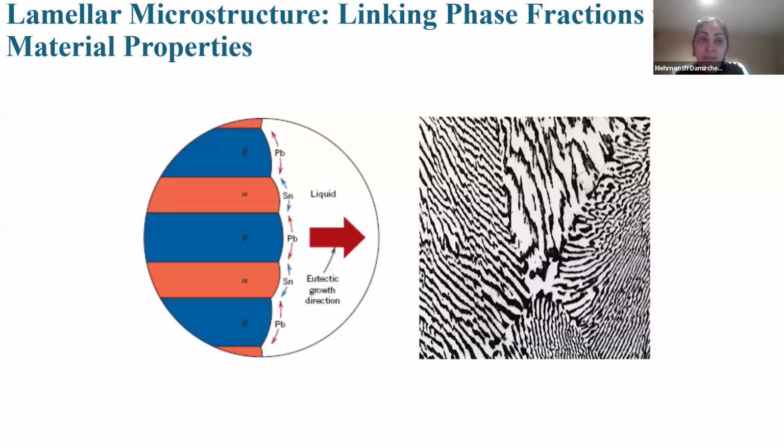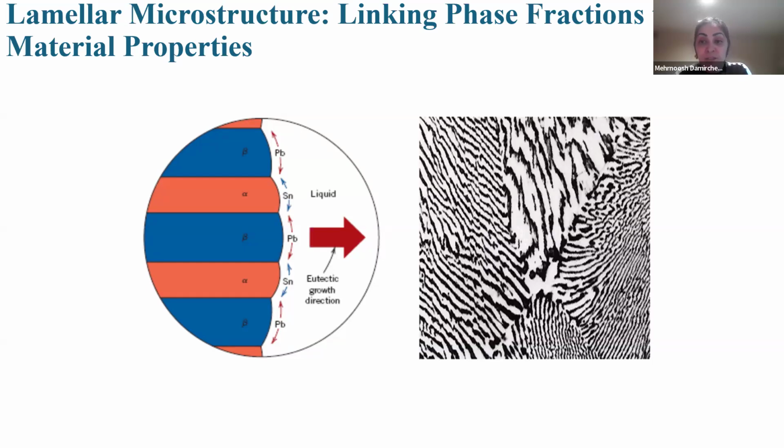In this slide, you see the lamellar microstructure. The eutectic composition solidifies into lamellar microstructures, where alternating layers of alpha and beta phase form. These arrangements correspond directly to the phase fractions calculated previously: primary alpha, eutectic alpha, and eutectic beta.